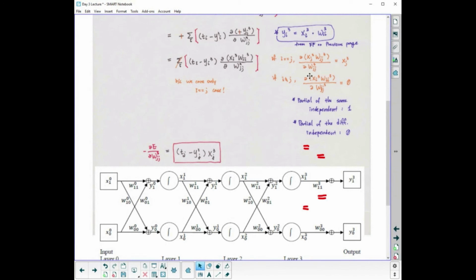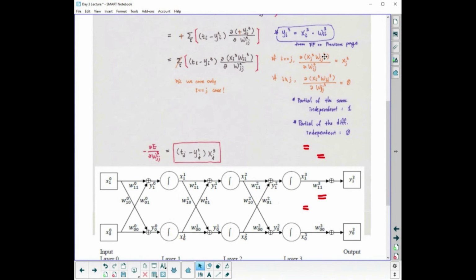Then when you do the partial of this one, use the product rule. Now, x is not dependent on the weight, so the partial of x over w times w is 0. For this case, x is the input, so x1 layer 3 and weight 1 layer 3 are not dependent on each other.